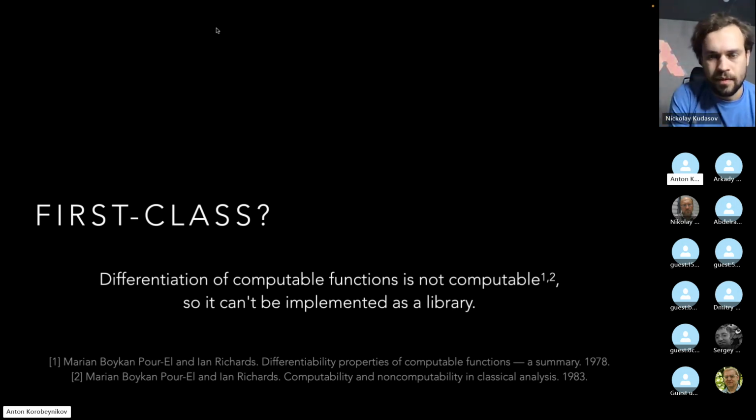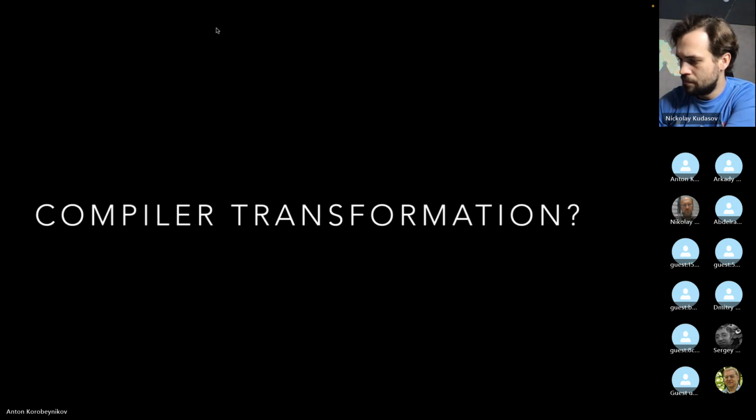Awesome. All right. As I said, differential programming should be directly integrated into the language, to put it in buzzword terms, for a truly first-class experience. But what does it mean? Is it a compiler transformation?